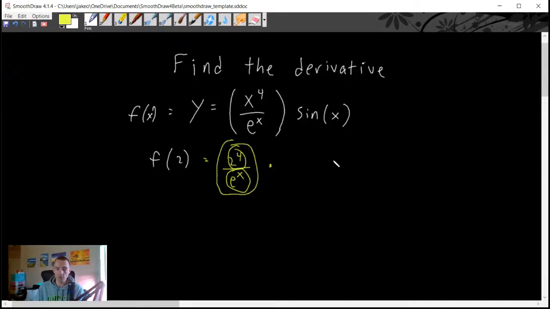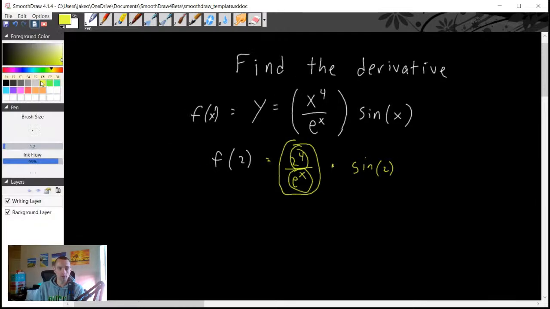And then after that, we would multiply it by whatever we get from sine of 2. So thinking about order here, first we would deal with, I probably should have done these in different colors, but first this green circle and this green circle. Then second, we would deal with this division, basically figuring out the overall value of this whole circle.